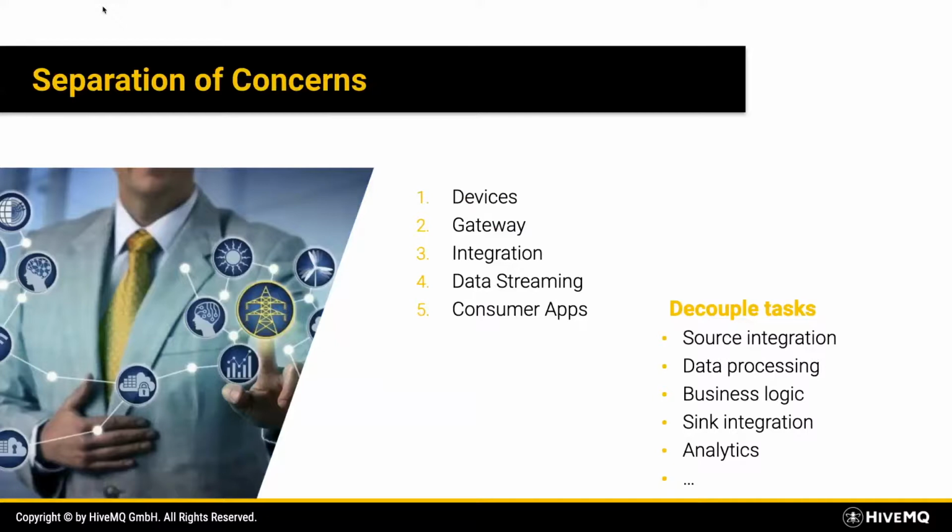Know where to put your business logic. So, for example, it's possible to put it on the HiveMQ Broker, if that makes sense for some data streams. For other data streams, it might really make sense to collect and pre-process the data, and then really at the end of the pipeline, put your business logic on top. An example would be the machine learning pipeline that we talked about with the TensorFlow model that you apply at the very end of the data collection.